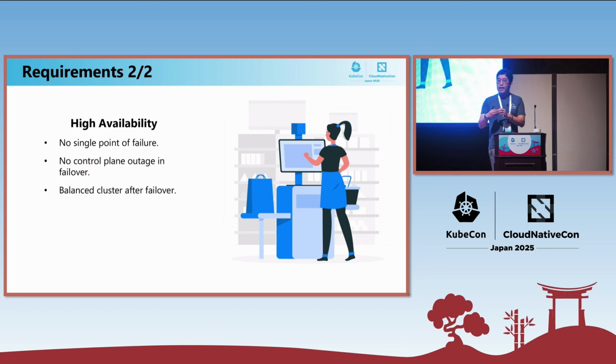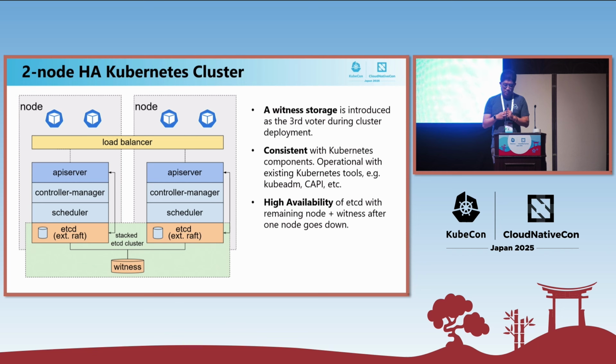So one of the solutions we're trying to introduce is a storage witness, acting as a lightweight third voter during the two-node deployment. The design only extends the Raft algorithm in etcd, and should be compatible with all the other Kubernetes tooling as well as the other Kubernetes components.